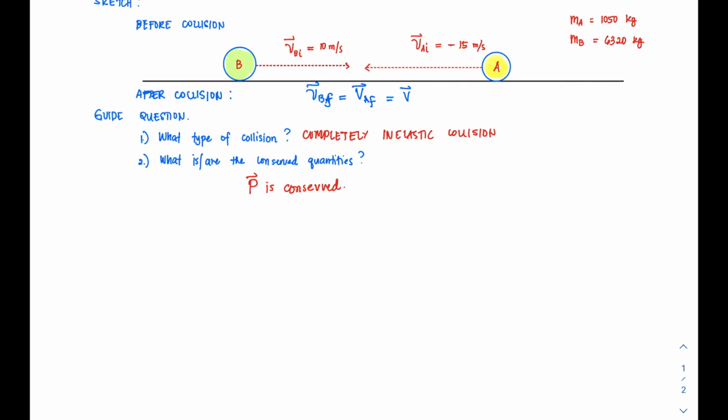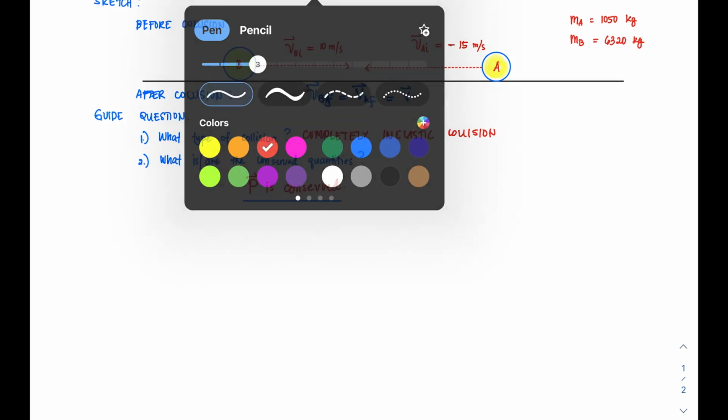So since we only have momentum as a conserved quantity, we will be setting up an equation for momentum, and we will be using that for the entire solution. So I guess we are now ready to solve the problem.